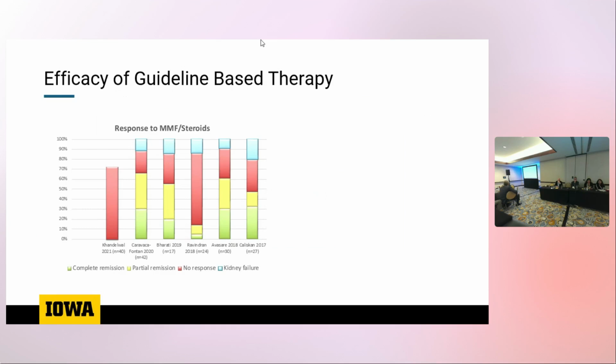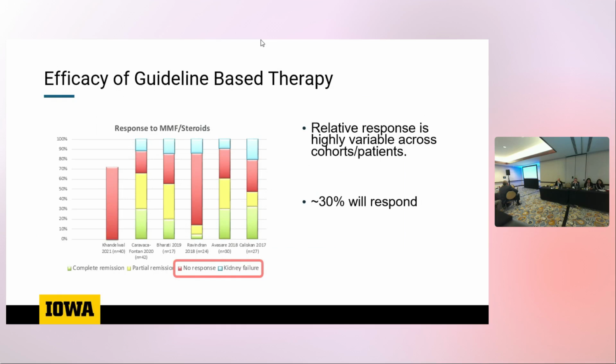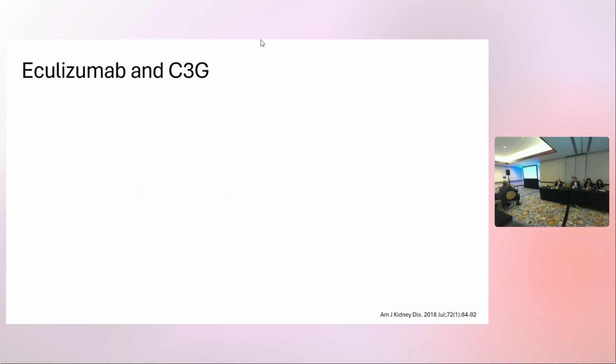The yellow was either response in urine protein or response in GFR, or partial response, if you will. And then the blue were those that not only were non-responders with respect to proteinuria and GFR stabilization, but also flat out went to end stage. So not very successful if you're thinking about either saving the urine protein or saving the GFR.